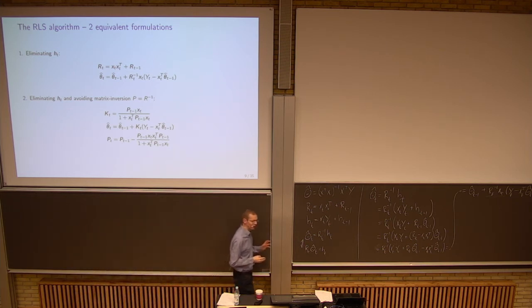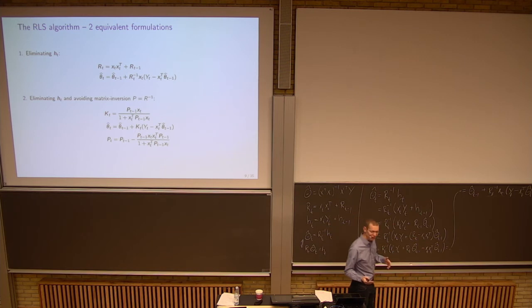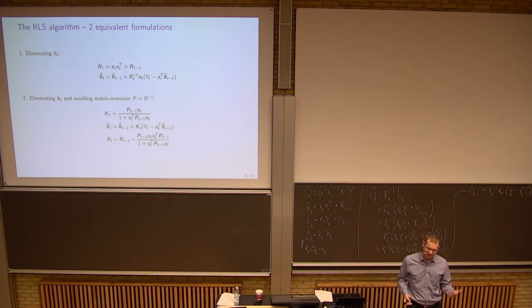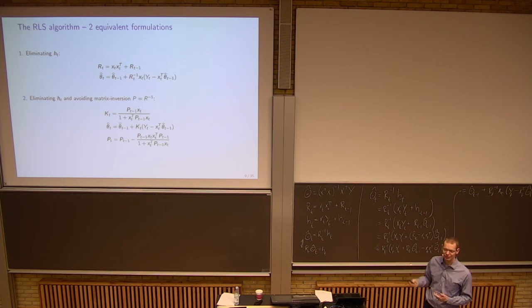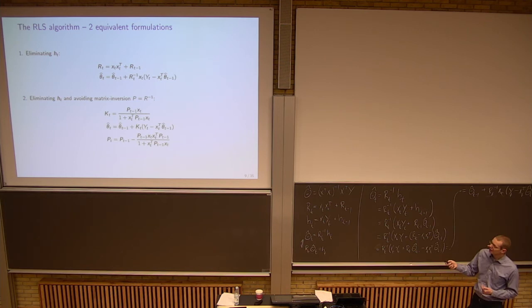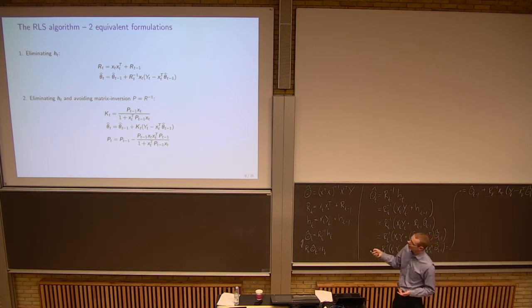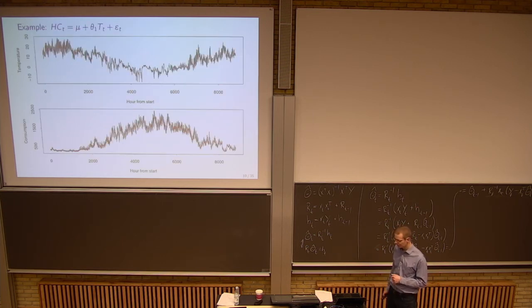Again, this depends on whenever you're going to implement something. Is this a challenge or not? Do you have all the time you need to do the calculations? This is much easier to debug, I would say. And also the understanding of R_t as being the design matrix that you just update, I think is more convenient. But that said, if you want to make things more robust, you have an alternative.